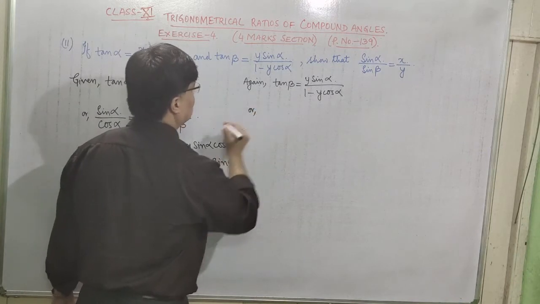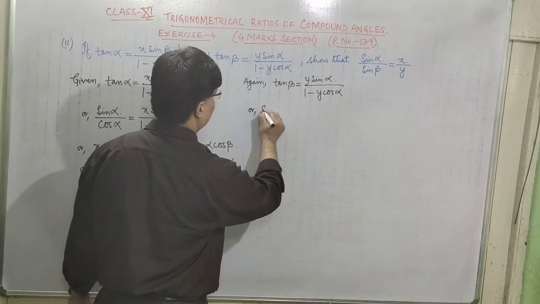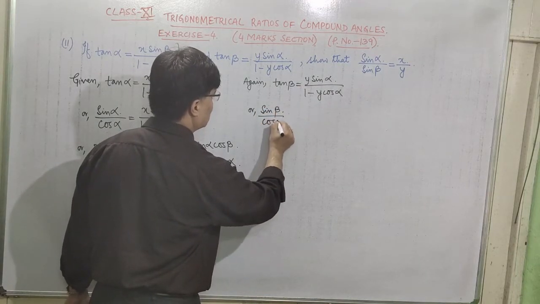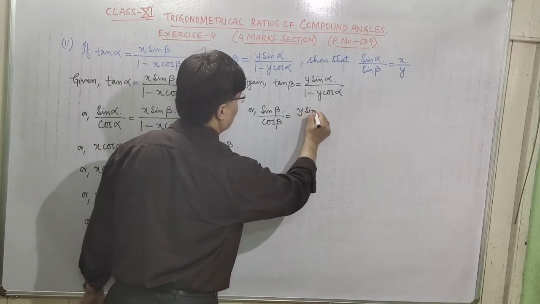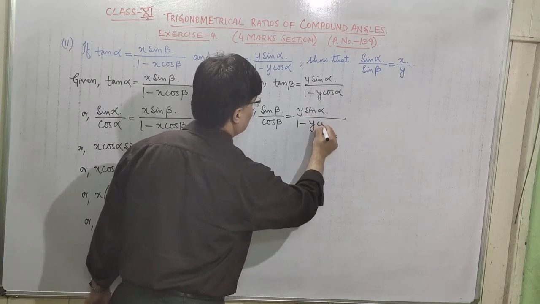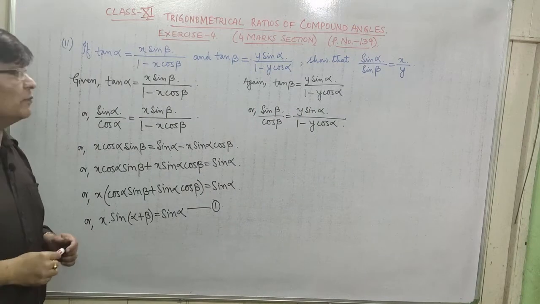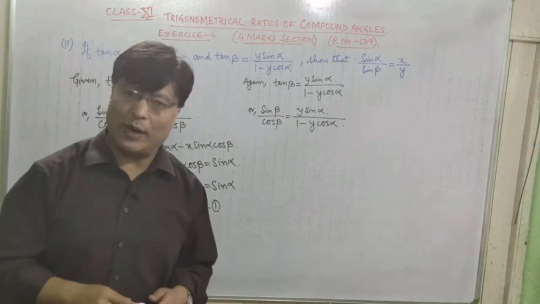So let us convert this tan beta in terms of sine and cos. So it is sine beta divided by cos beta is equal to y sine alpha divided by 1 minus y cos alpha. So from this second given condition also, let us get the value for y.